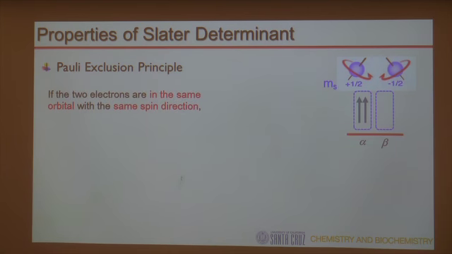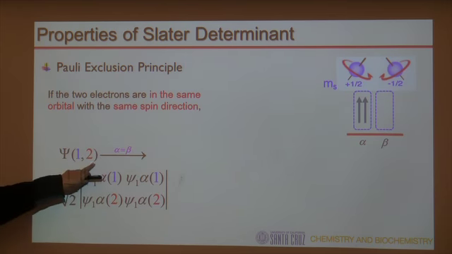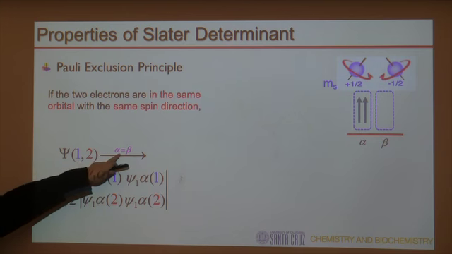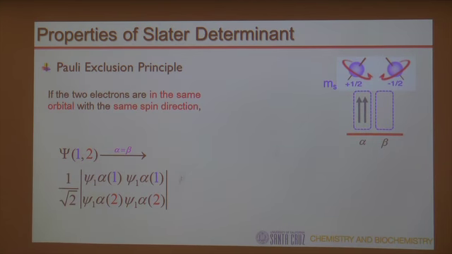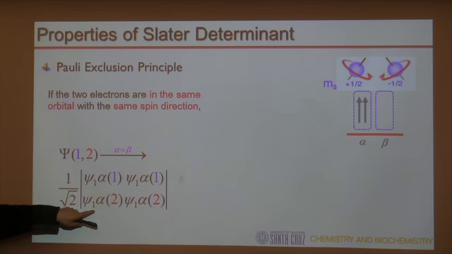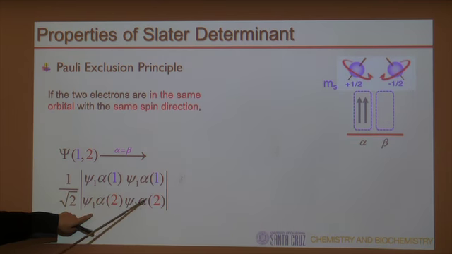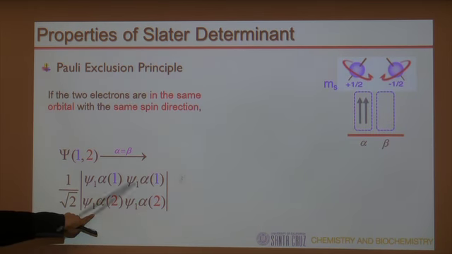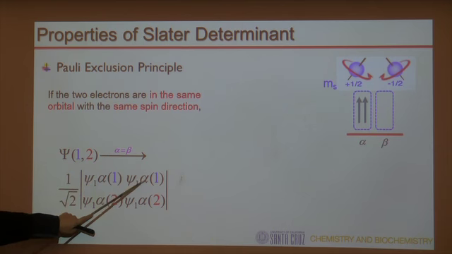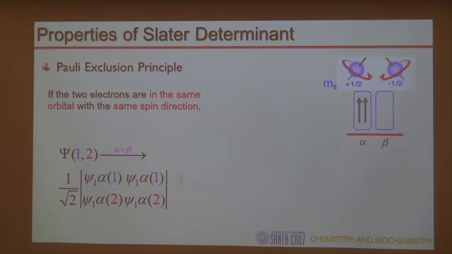If the 2 electrons are in the same orbital with the same spin directions, what we saw before, 1, 2, now alpha should be equal to beta, because the two electrons are in the same spin orbitals. So alpha equals beta, and our Slater determinant becomes like this. Before, here is beta, here is beta. And here the same, because we assume alpha equals beta, so all betas are alpha now.